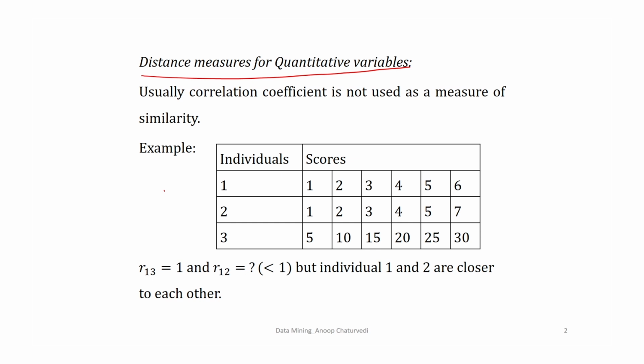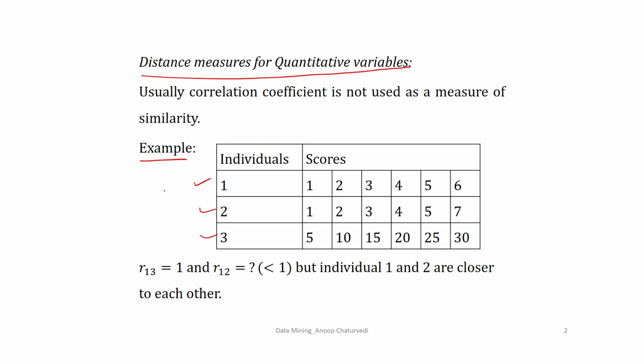Now, we usually do not use the correlation coefficient as a measure of similarity. So, just take this example where you have 3 individuals 1, 2 and 3, and you have these observations or these scores for all the 3 individuals. Suppose you consider individual 1 and individual 3.